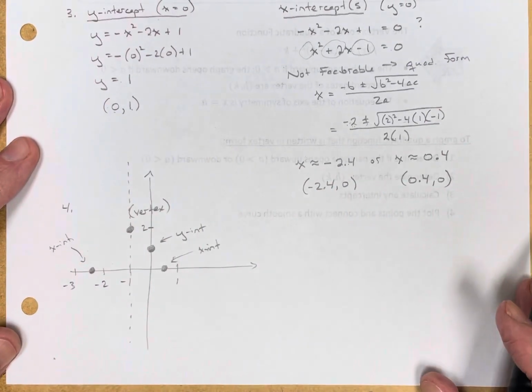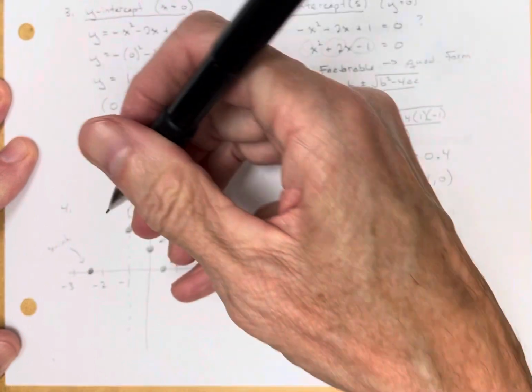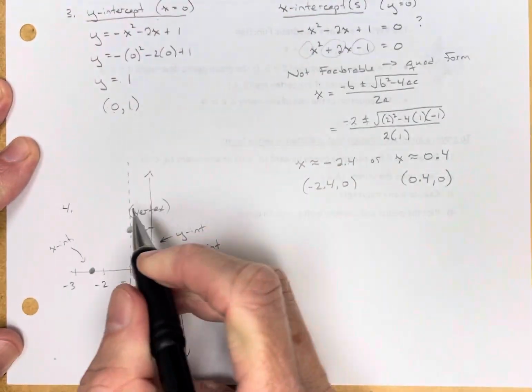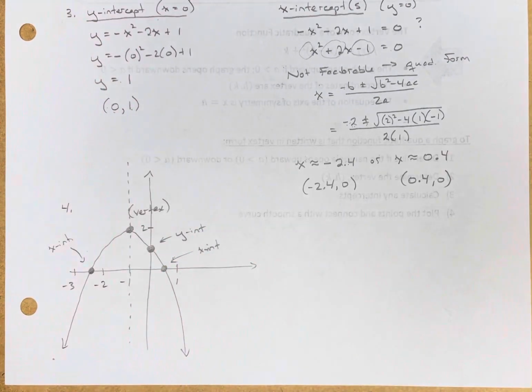Again, I know this is the top, and I know this side is symmetrical to that side. So I'll come down like this, and I'll come down like this. And I have just graphed that quadratic function. It is an opening down parabola that looks like that. So take your time, go through the steps there and work your way through it, and you should be just fine.